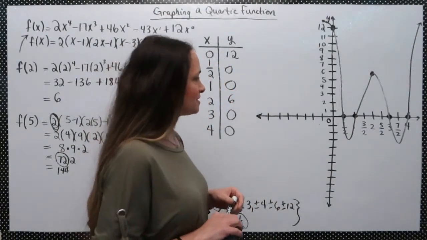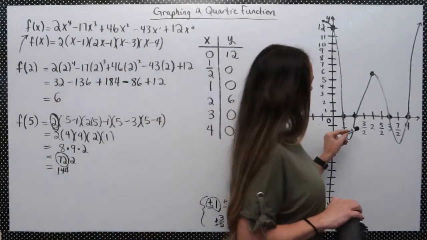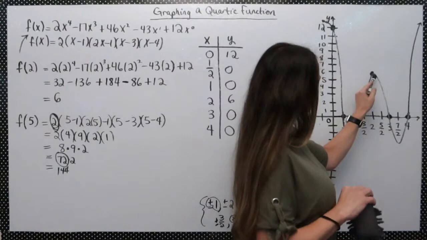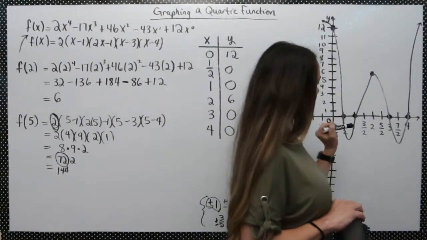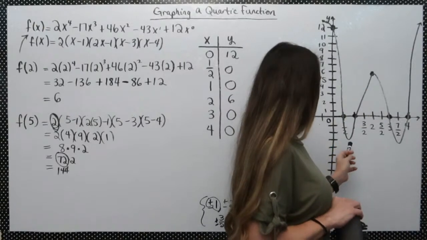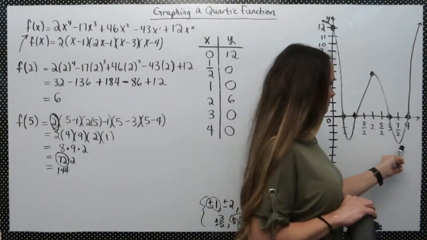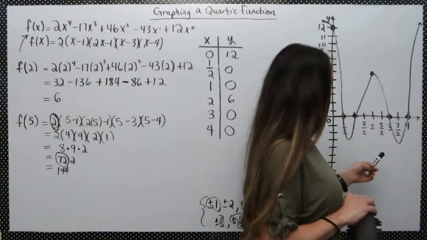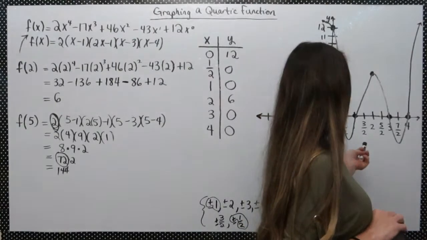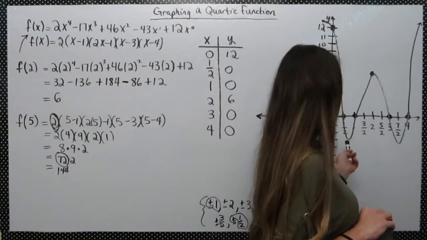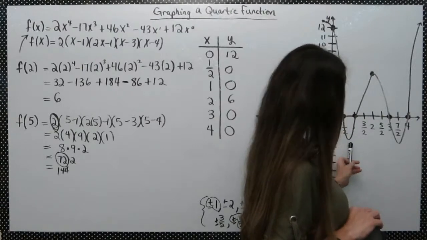So I noticed in the graph here that this might be a maximum value. I'm not quite sure, but it looks like it might be. And I'm also noticing here and here that it's probably a symmetrical graph about these 2 points, but I'm just not sure how far they go down.